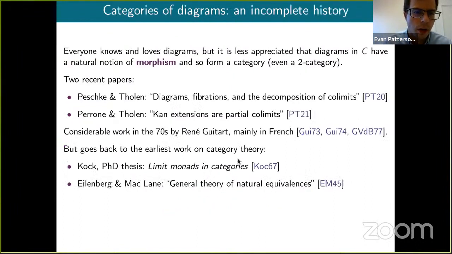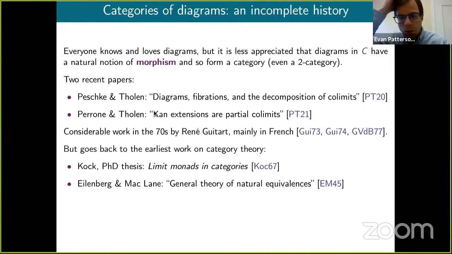Okay, so we all know and love diagrams, but what I think is a bit less well known, or I didn't really appreciate this until pretty recently, and maybe not everyone has thought about this too much, is that having fixed a category C, the diagrams in that category have several different natural notions of morphism between them.